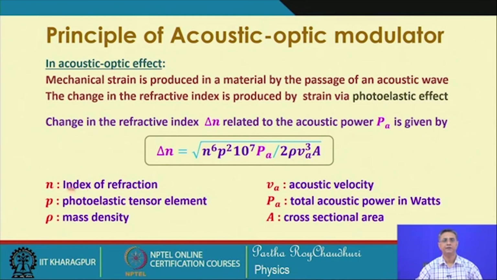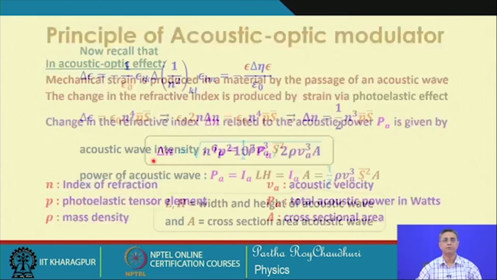So, n is the refractive index and p is the photoelastic tensor. By now we know all these terms. This delta n is the peak change in the refractive index on top of the base refractive index n, because of the propagation of the acoustic wave.